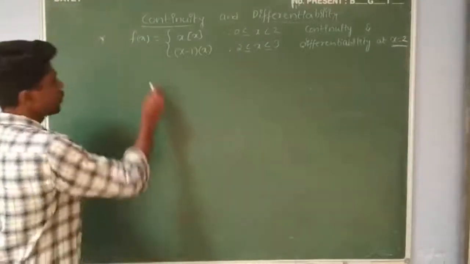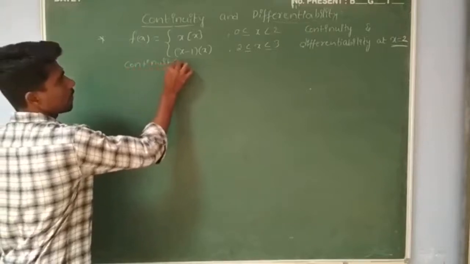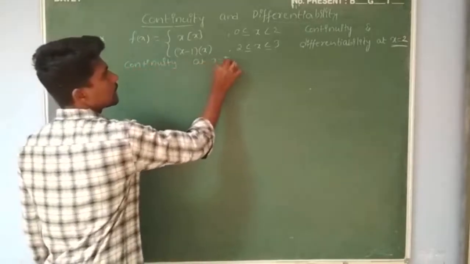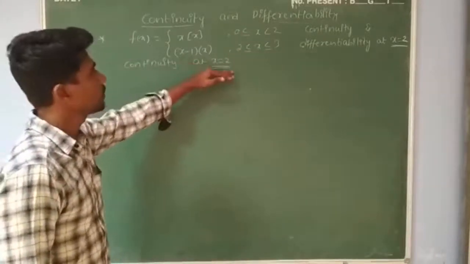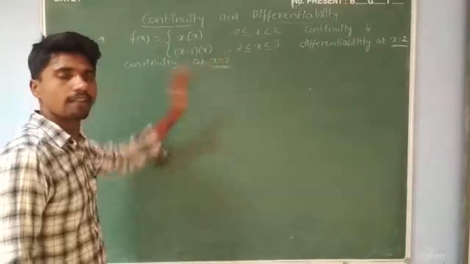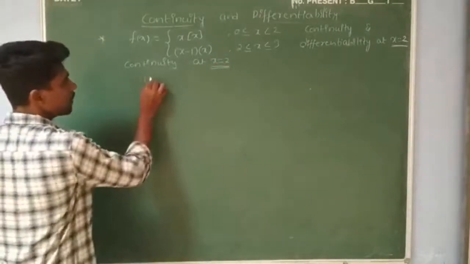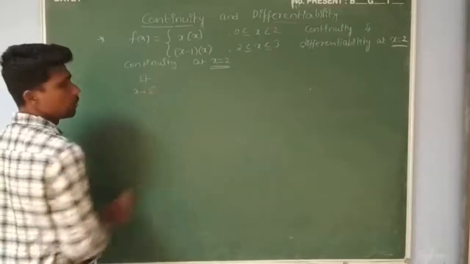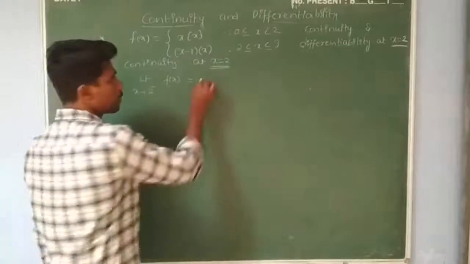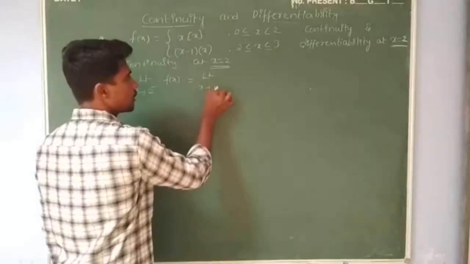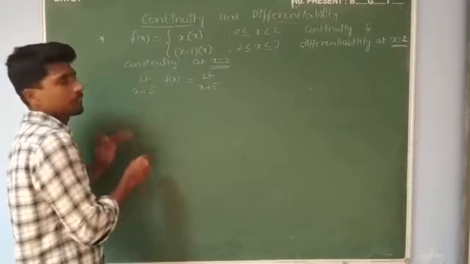So first I am going to examine its continuity at x equal to 2. To examine its continuity at x equal to 2, what do I have to take? Its left limit, right limit and the value of the function. Left limit: limit x tending to 2 minus f of x, which is approaching 2 from the left side.